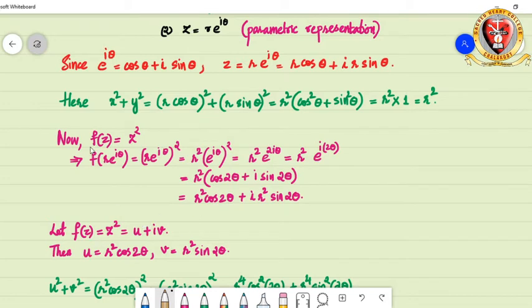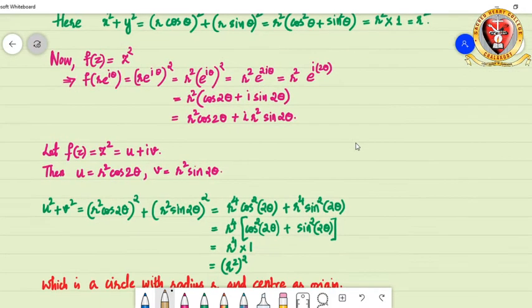So this is also definitely a complex number. Suppose we write f of z is equal to u plus iv, we know that u is equal to r square cos 2 theta and v is equal to r square sin 2 theta.